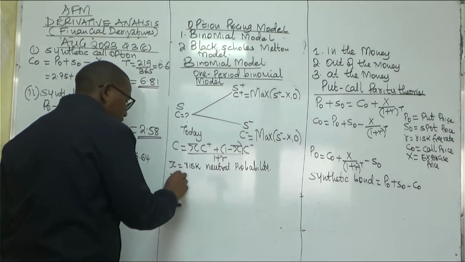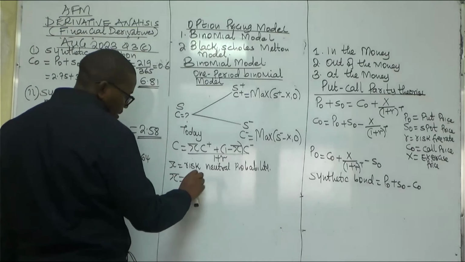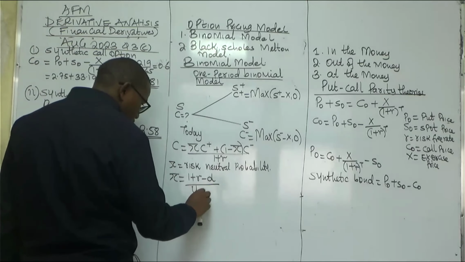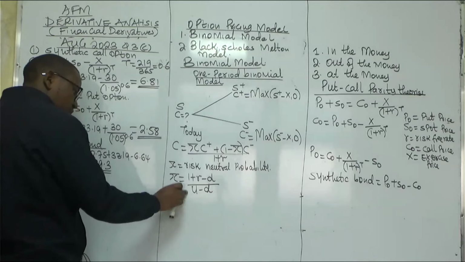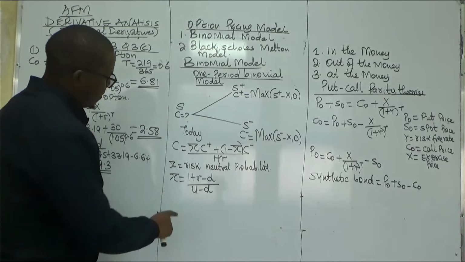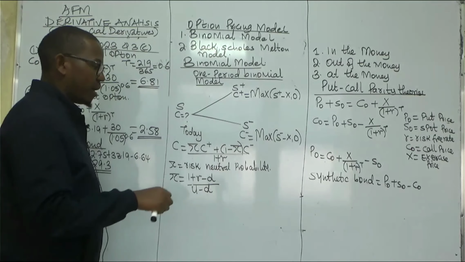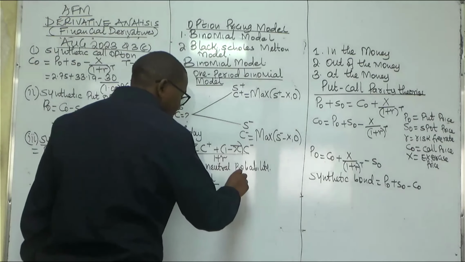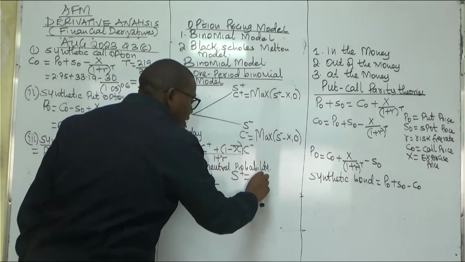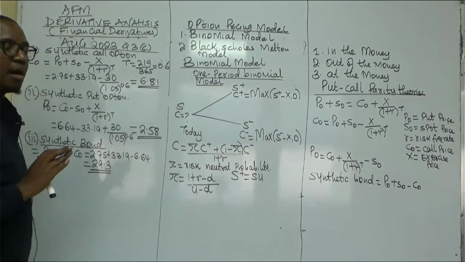And how do we get the risk neutral probability? It is normally given by 1 plus R minus D, over U minus D. U is the upward move, if the price moves upward, and D is the downward move. If I want S plus, when the price goes up, it is the spot price multiplied by the upward move, SU.